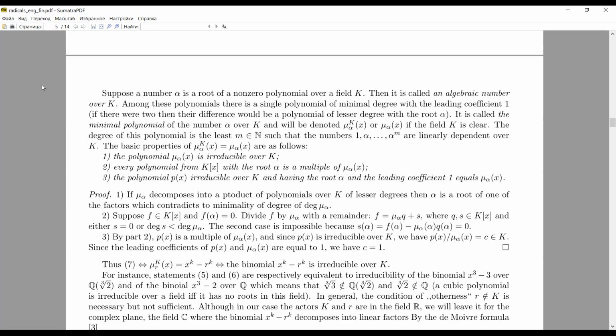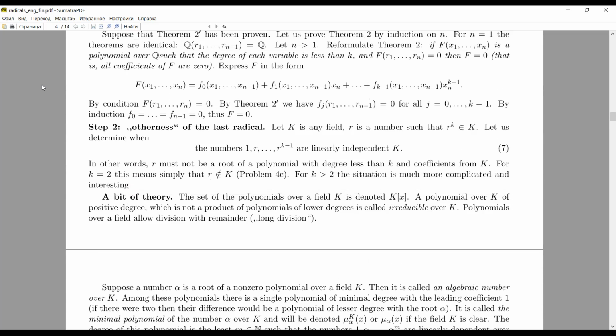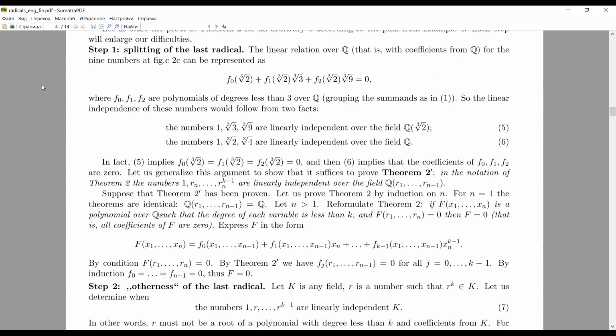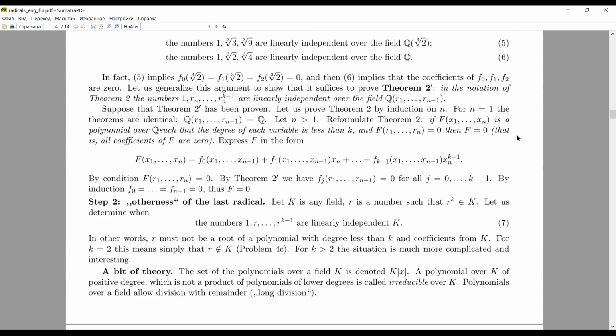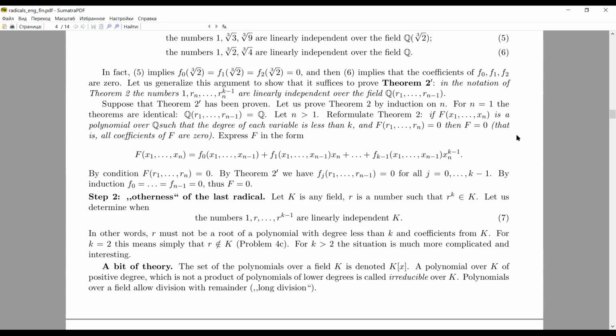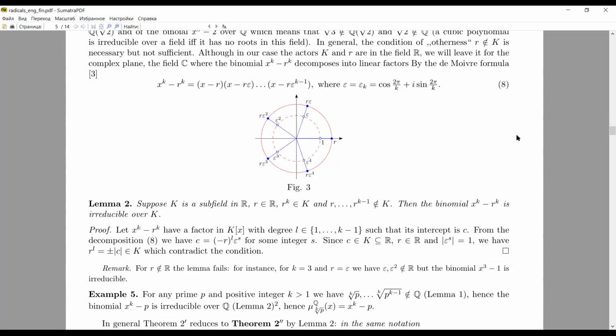We need to rewrite this condition in terms of polynomials.